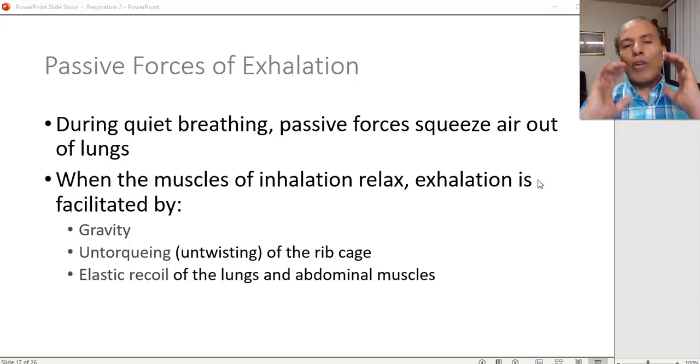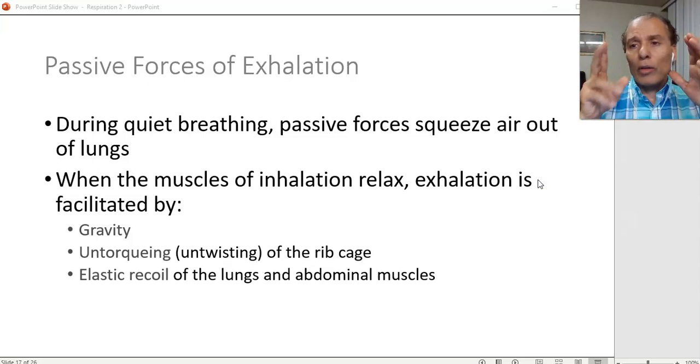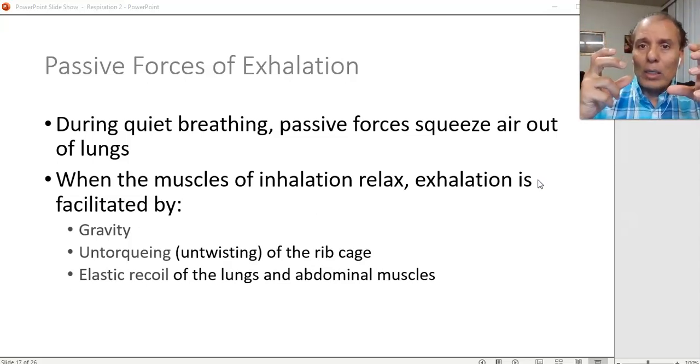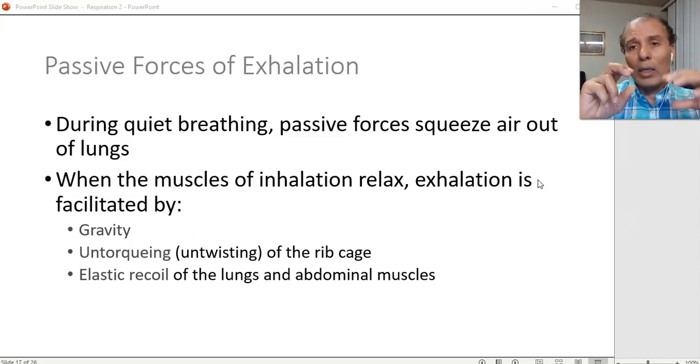So expiration requires two things: the passive forces that I just explained, and in addition to that, accessory muscles of expiration.